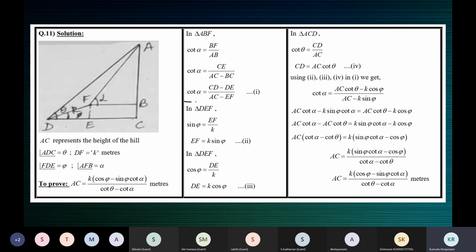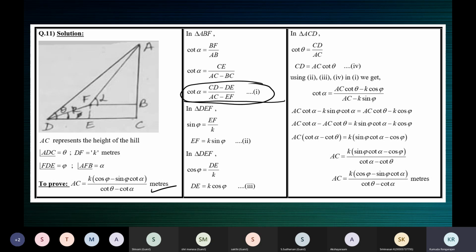So this is what we need, this result. This is very important to get the final result. Now we'll try to replace CD, DE, AC, and EF. This is the main result. Now we are going to substitute whatever we find into this and get the final result.